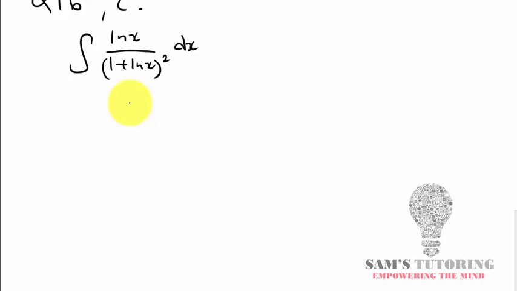We might want to change this by a u substitution. So let u equal 1 plus ln x. Therefore, du equals 1 on x dx. Now, I've got not 1 on x here, so I have to change this x in terms of u.